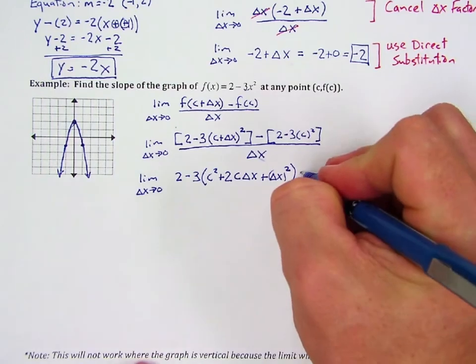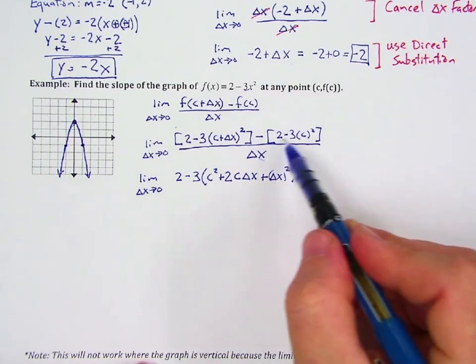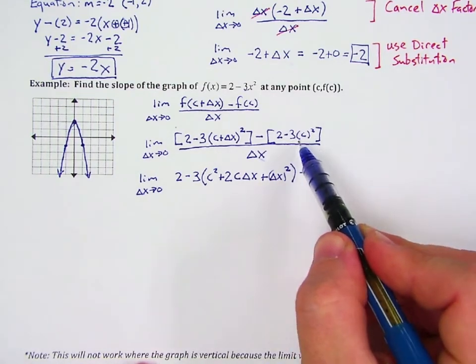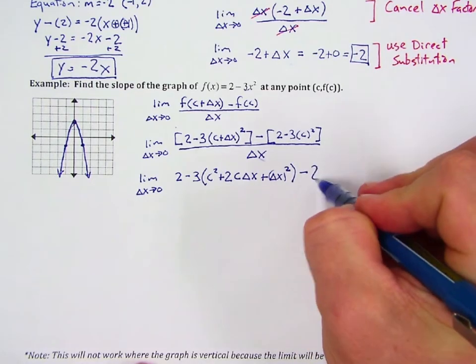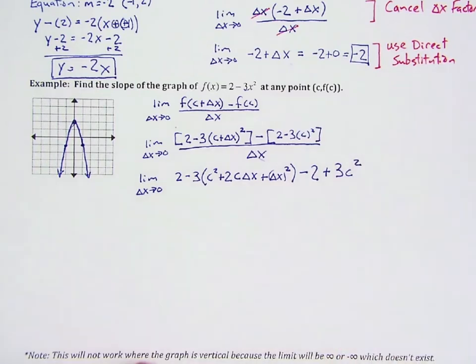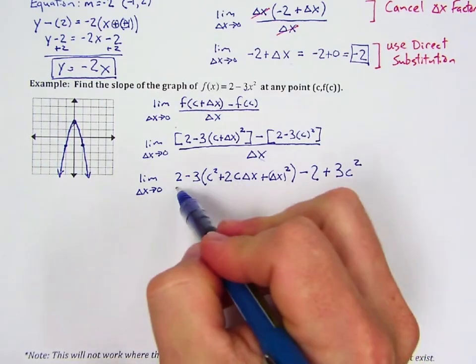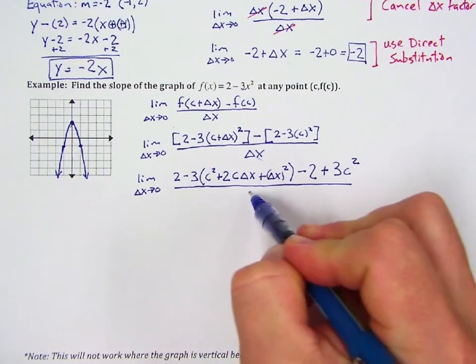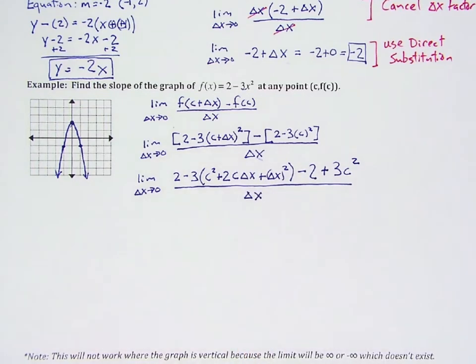And then we're going to have minus. Well, there's really nothing else we can do with this, so let's just apply the negation. So minus 2 plus 3c squared, over delta x.